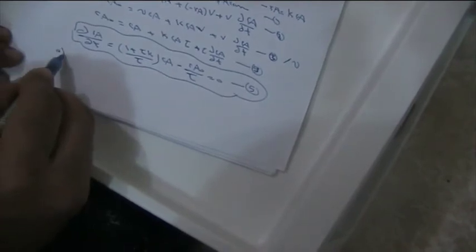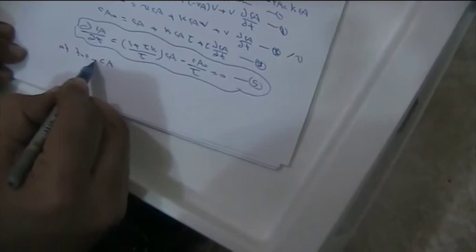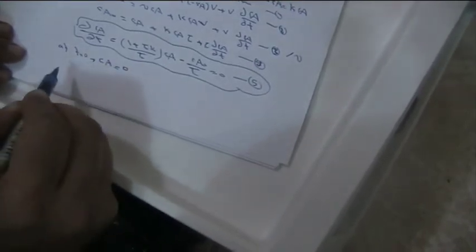So this equation correlates the change of concentration with time to reach steady state. We know the only boundary condition is at T equals 0.